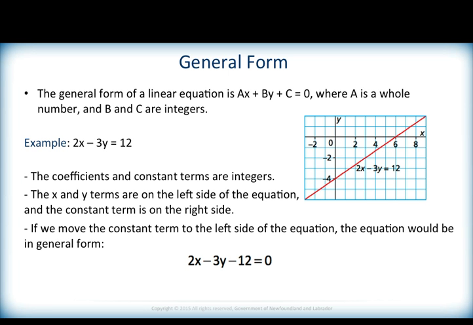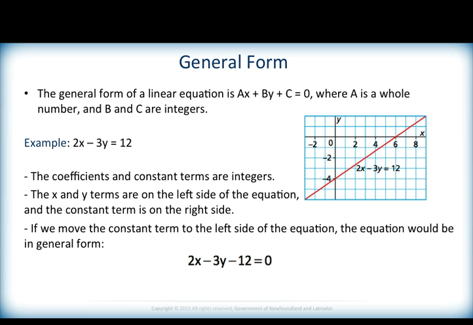So for an example, if you have 2x subtract 3y equals 12, that looks to be very similar to the general form. However, it's not quite there yet. The coefficients and the constant terms are integers. The x and y terms are on the left-hand side of the equation.